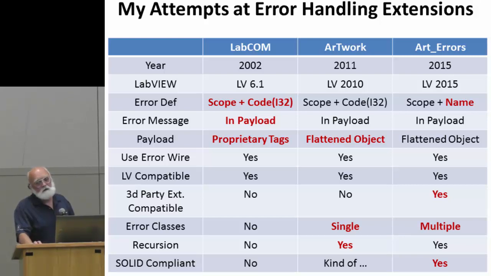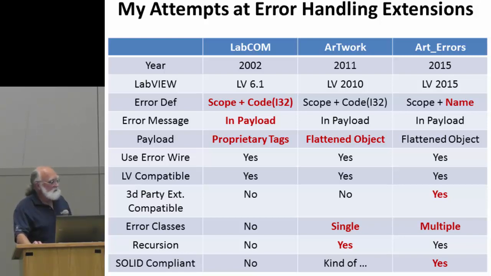And the final attempt I did was in 2015 when I replaced error codes with error names. And I actually now allow customers to define their own error clusters, error objects, and they will be passed through the error wire just as my implementation is.